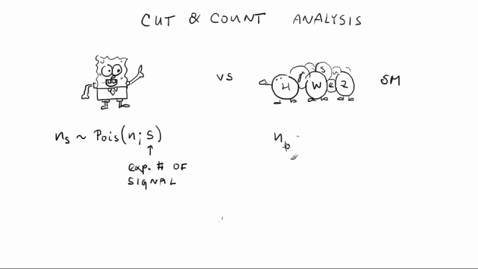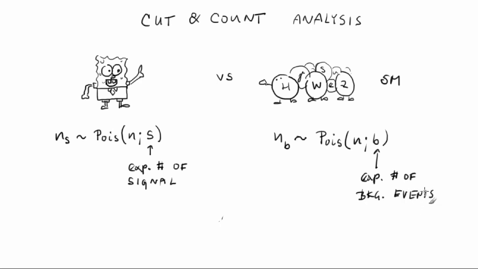Similarly, n_b is the number of background events, and n_b is distributed according to a Poisson distribution of n with mean equal to b, where b is the expected number of background events. Consequently, the total number of events, n equal to n_s plus n_b, is distributed according to a Poisson distribution of n with mean equal to s plus b.